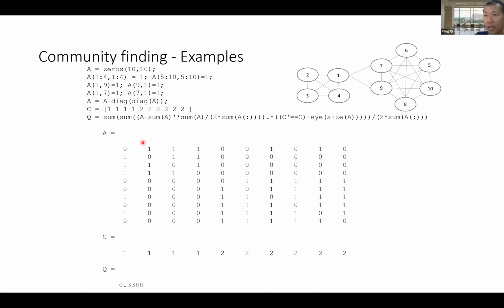All right, so here, this is the same example. We start with our weight matrix, and if we suggest the right solution, where the first 4 is a cluster, the remaining 6 is a cluster, then the Q quantity is actually very easy to compute. This is just one line of MATLAB code. The Q quantity is 0.33.